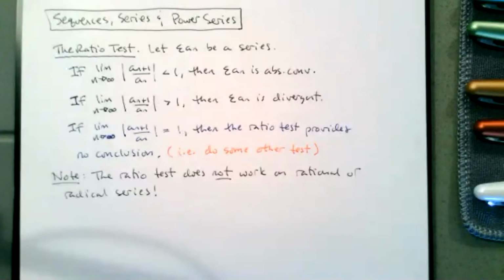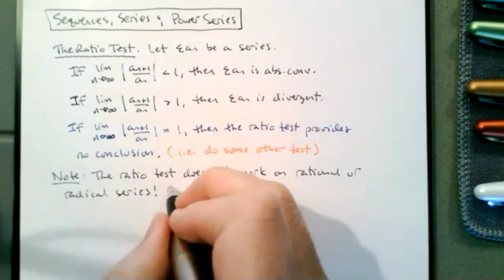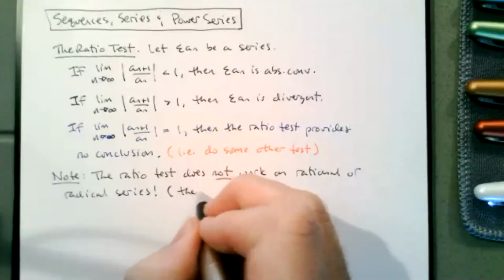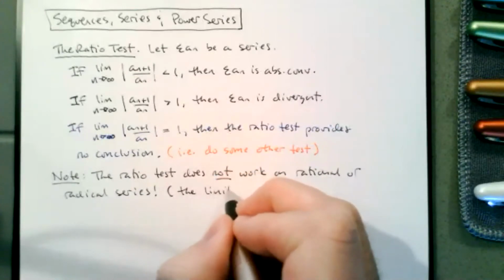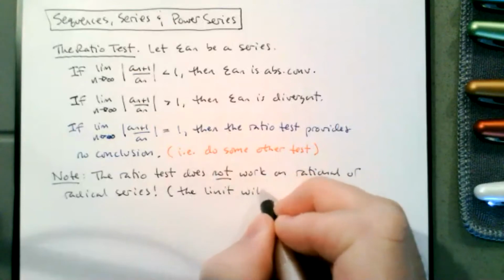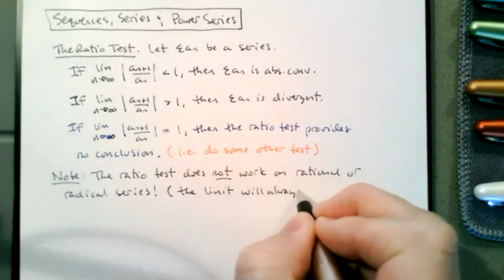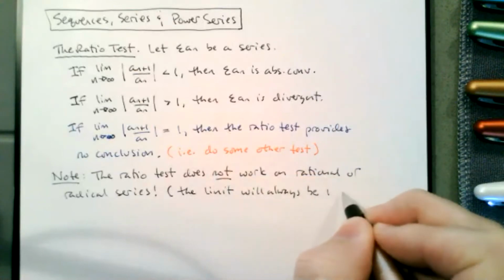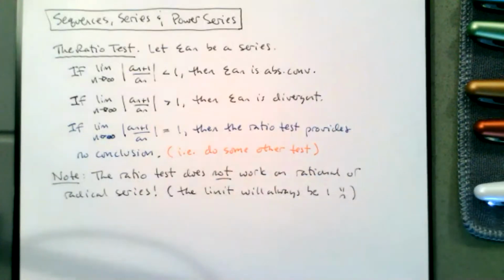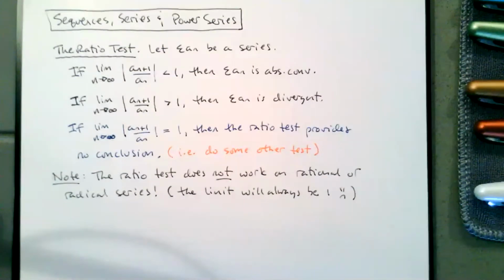You end up with a limit of 1. And so we won't be able to make a conclusion. But that does not mean that we can't tell if a rational or radical series converges or diverges.